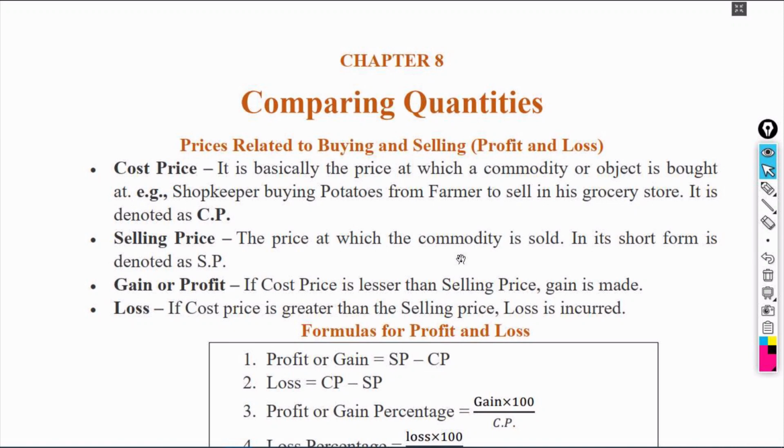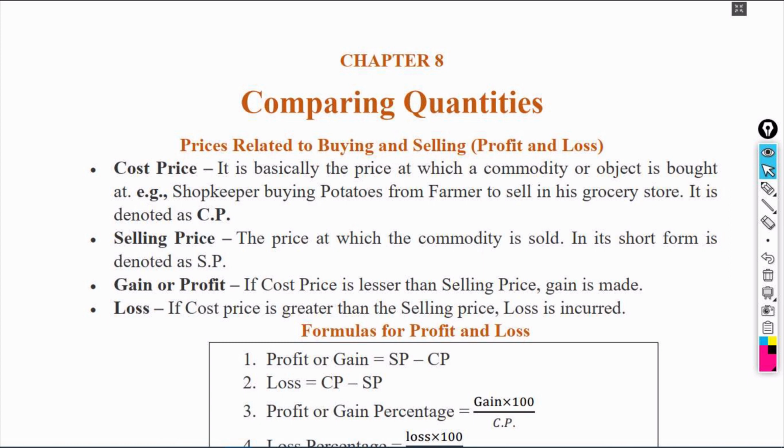Now, let us see in the next part. Here cost price is the price at which any commodity, any item, any object is bought. Suppose any shopkeeper purchases potato for rupees 20 per kg.